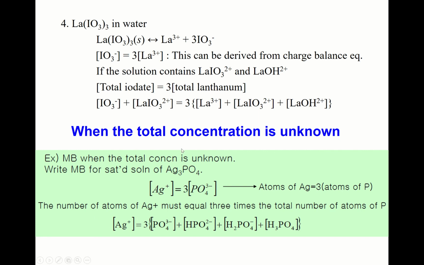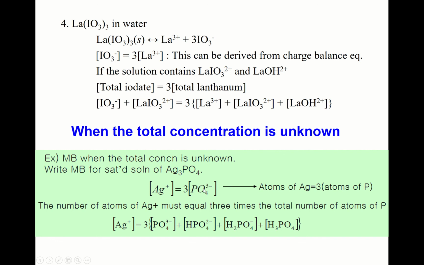When the total concentration is unknown, you need another practice. Mass balance when the total concentration is unknown. This is an example: silver phosphate. This is very insoluble, right? So the case is the same as this one. When it dissolves, one species makes one phosphate ion and 3 silver ions. So the silver ion concentration is 3 times larger than the phosphate ions.